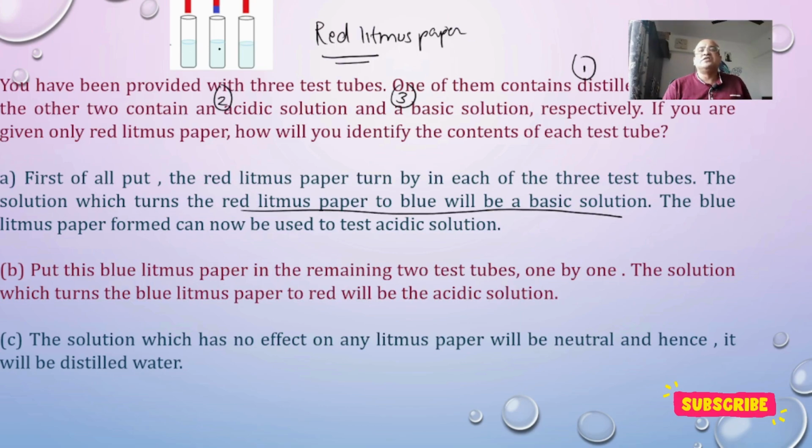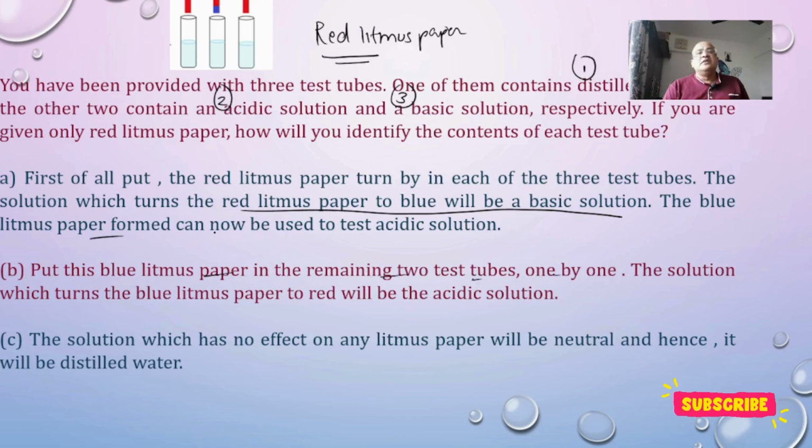So the first thing we get is a basic solution where the red litmus paper has turned blue. Now the blue litmus paper which has been formed can be used to test the acidic solution. Put this blue litmus paper in the remaining two test tubes, one by one.